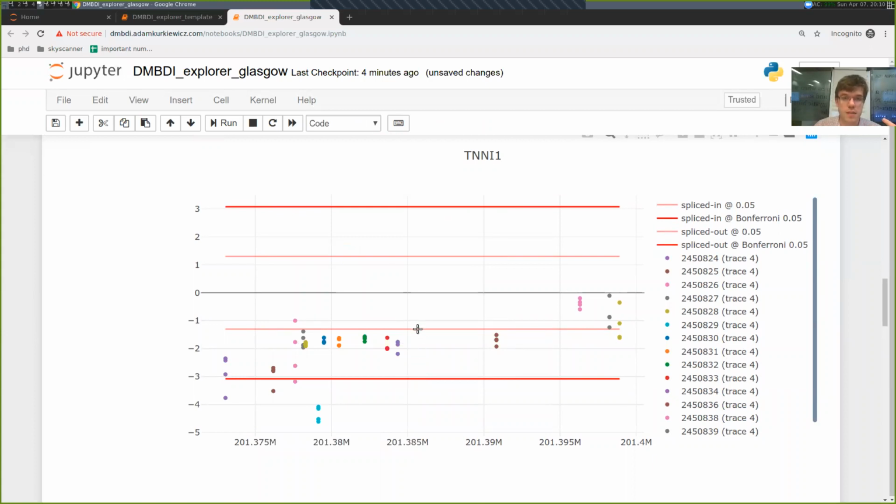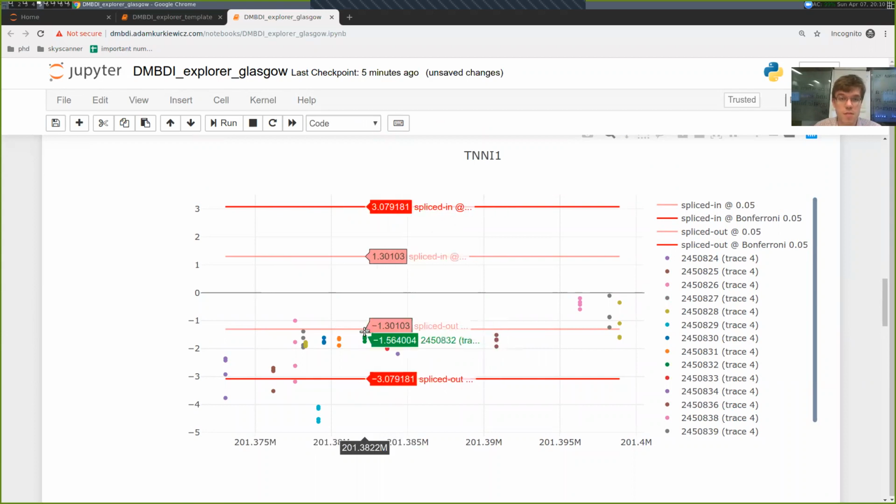When we look at this plot, another thing that comes to mind is, what are those red lines? We can see that there is this faded red line and this saturated red line. I'm going to talk about the faded red lines first. The faded red lines capture the traditionally used level of statistical significance, a p-value of 0.05.